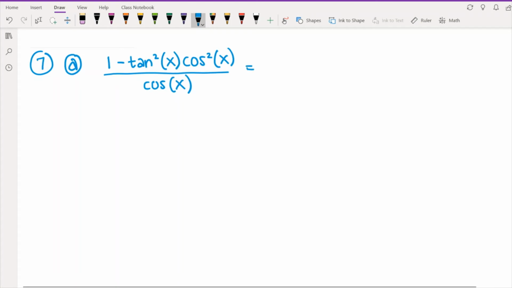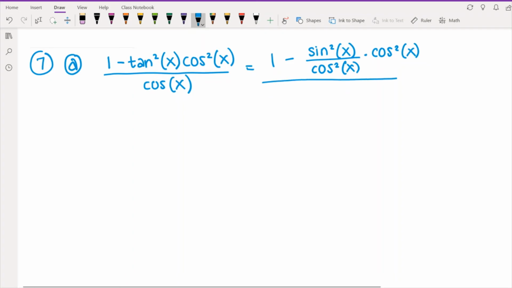So we can rewrite this tangent squared as sine squared of x over cosine squared of x, because tangent is sine over cosine, so tangent squared is sine squared over cosine squared. And so we're left with all of this. Now we can see that this expression simplifies, so we're left with 1 minus sine squared of x over cosine of x.